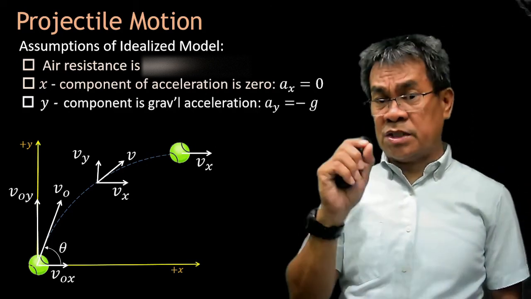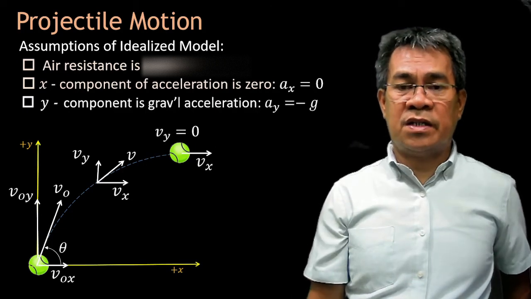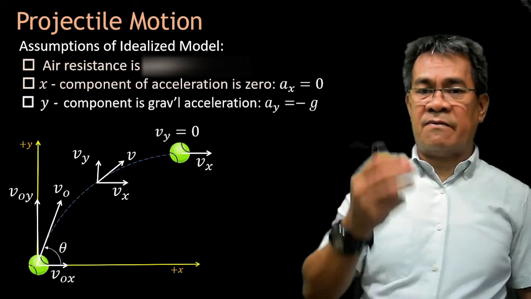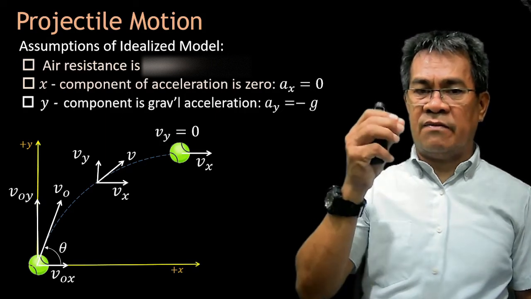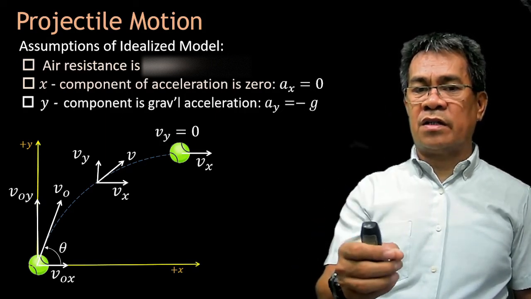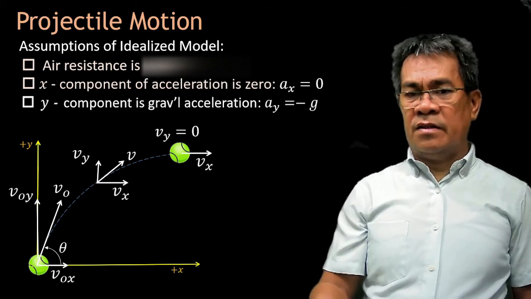So if the position is at the highest point, then Vy should be 0, which means that the velocity at the highest point is just the velocity component along x.